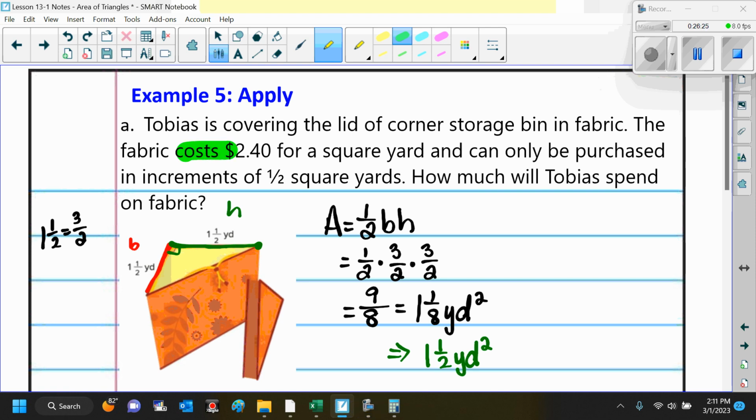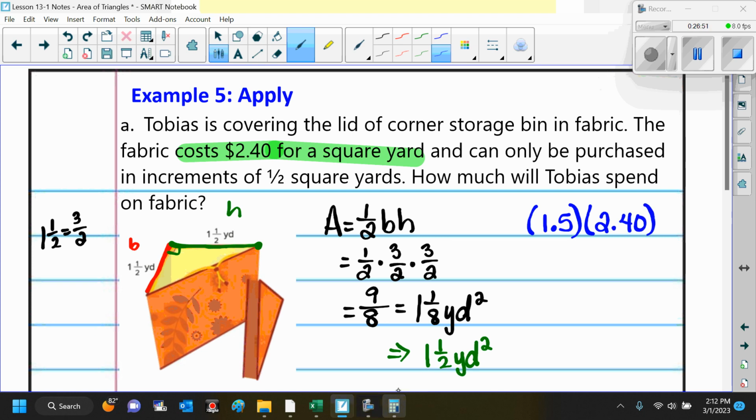It says the fabric costs $2.40 for 1 full square yard. So we're going to take the 1.5 yards squared that we're going to purchase and multiply that times $2.40.